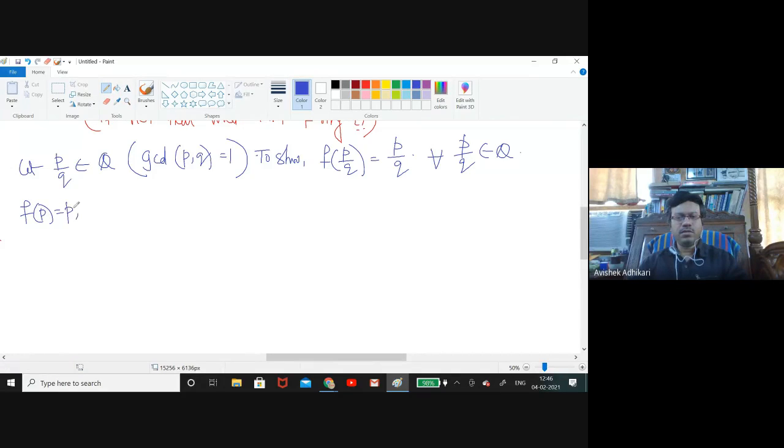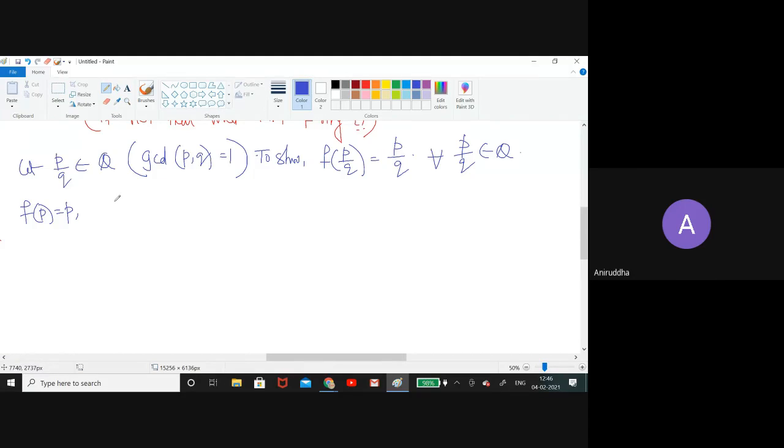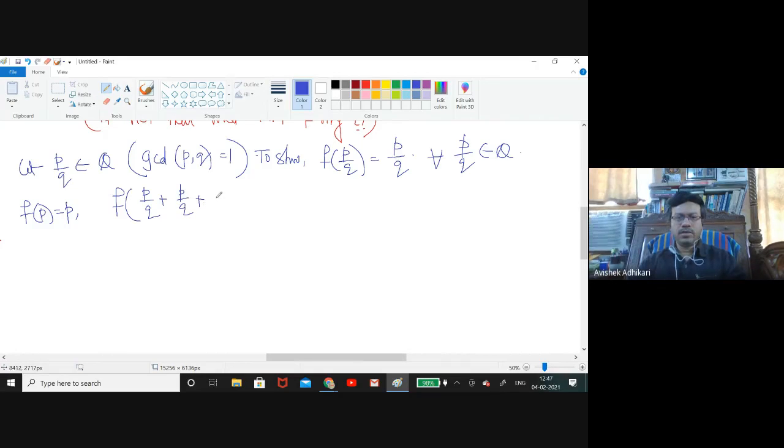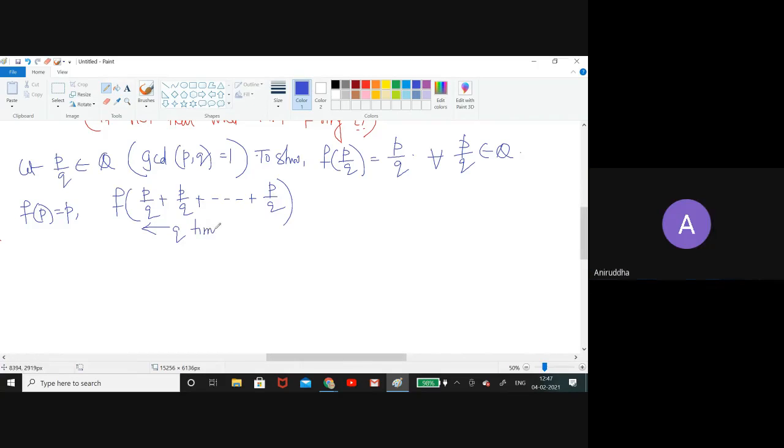Very good. And then I can split p into q number of terms: p/q plus p/q, q times. Very good. And from the homomorphism property, we can say that f(p/q) equals p/q.